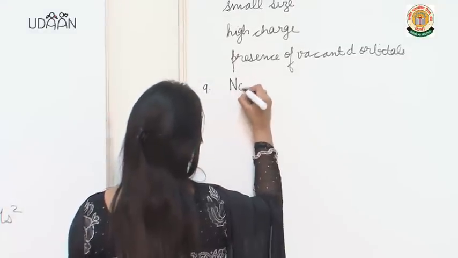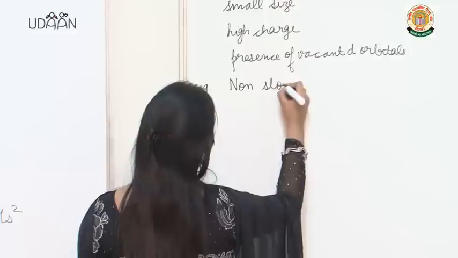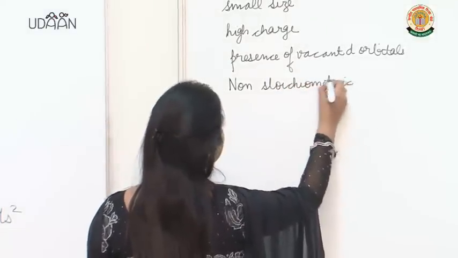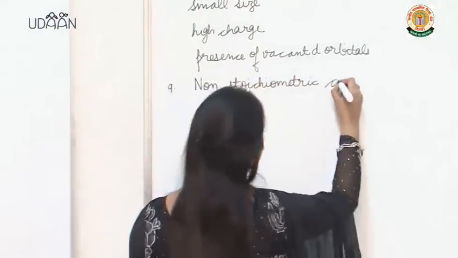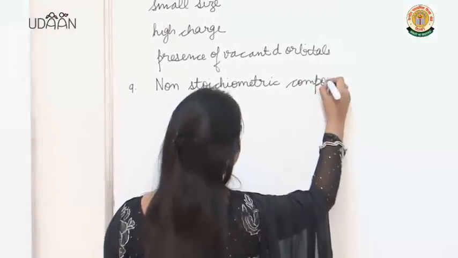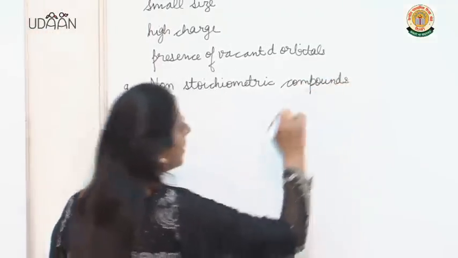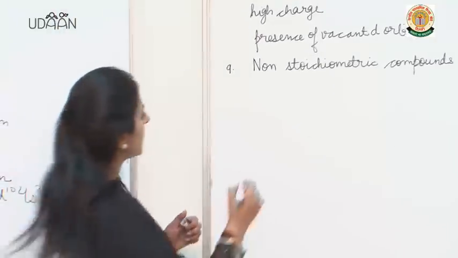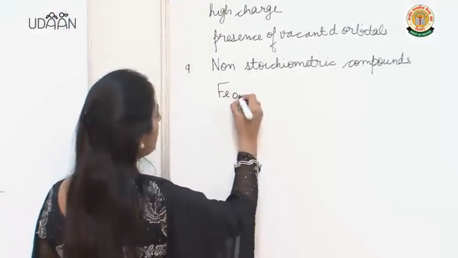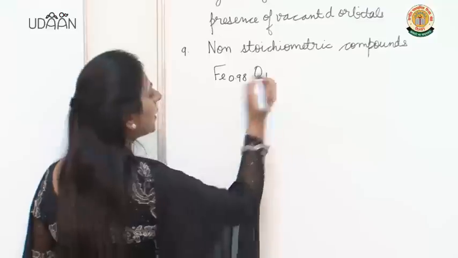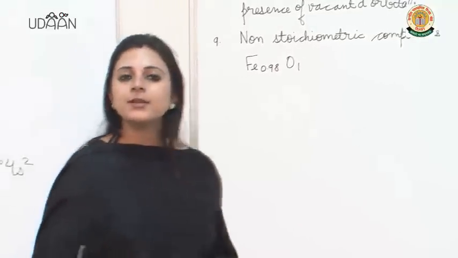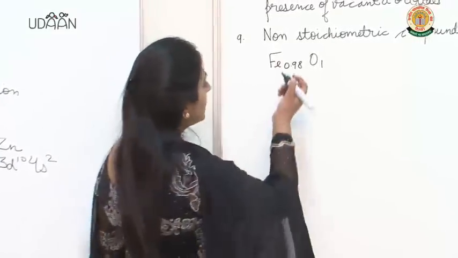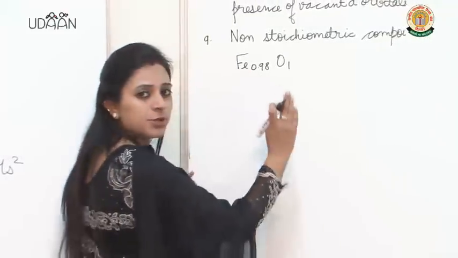Now transition elements can form non-stoichiometric compounds. Now why they are forming non-stoichiometric compounds? They are forming these compounds in which the ratio is not fixed, like they can form Fe0.98O1. What is the reason? Their crystal lattice have some voids, जिनकी वजह से they form non-stoichiometric compounds.